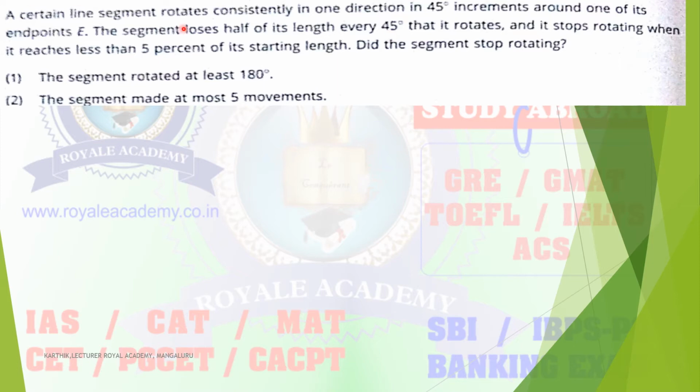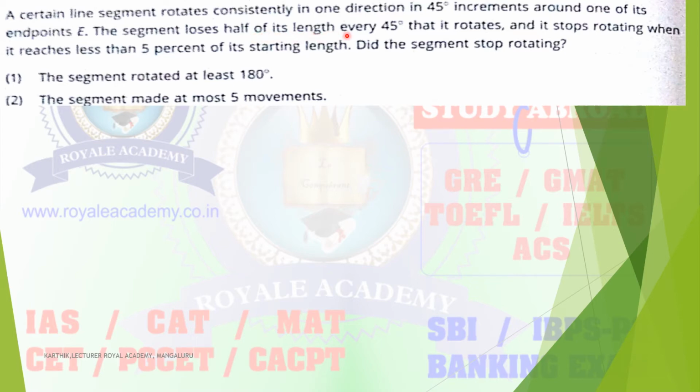So a certain segment rotates consistently, in a 45-degree increment. Every 45 degrees, the segment loses half of its length.